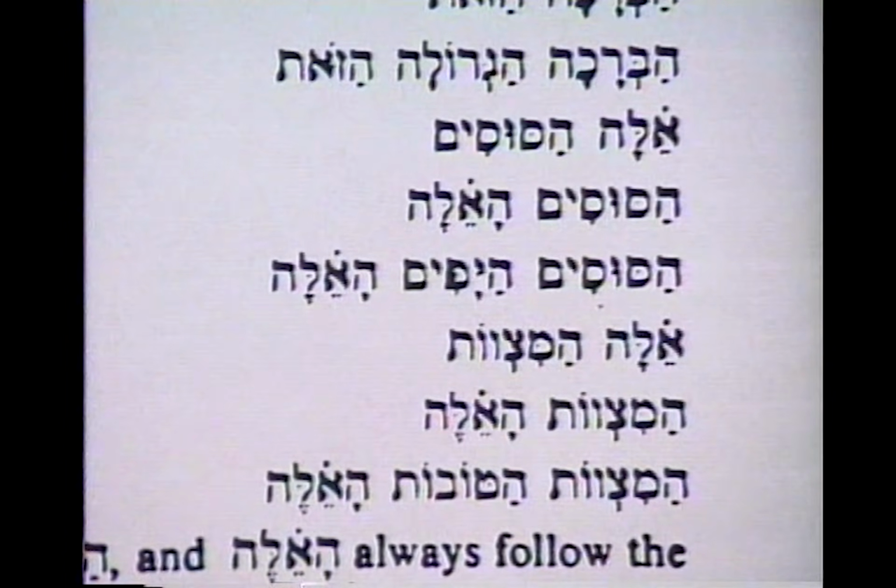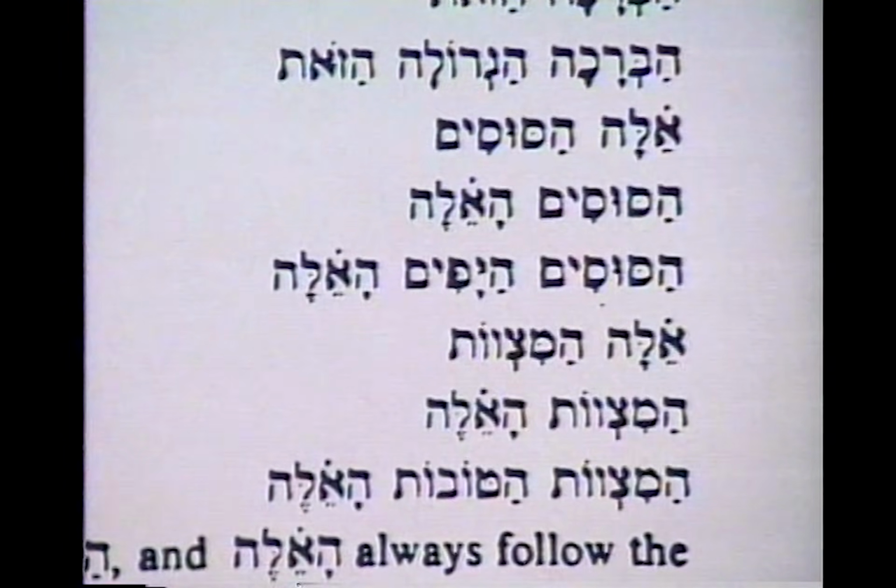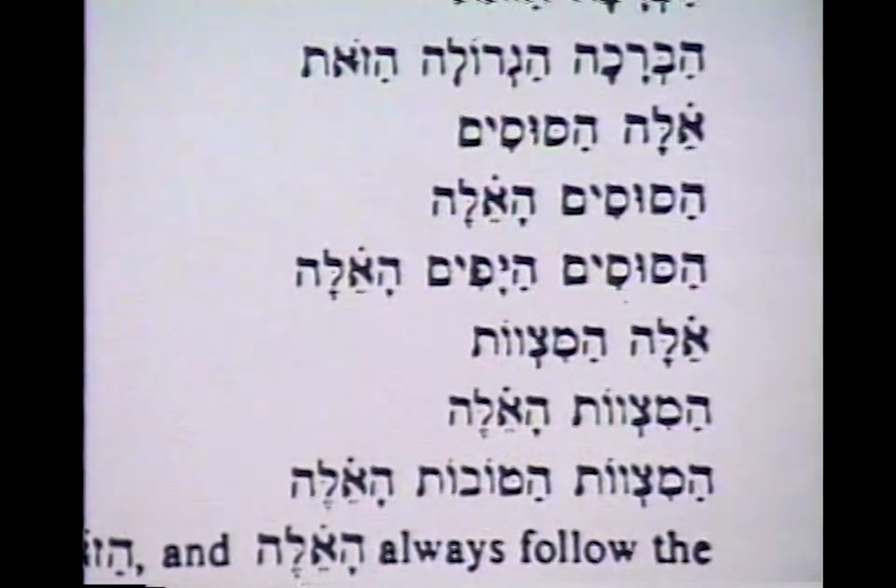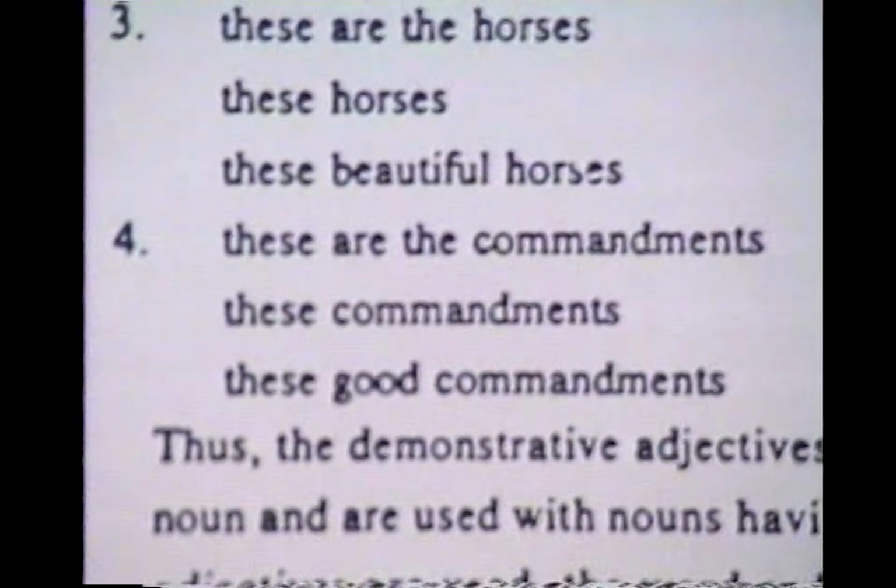That'd be ha-susim ha-ele. And then third down, these beautiful horses, ha-susim ha-yafim, and then ha-ele. You're saying the horses, namely the beautiful ones, namely these. So these beautiful horses. All right, let's go to number 4.